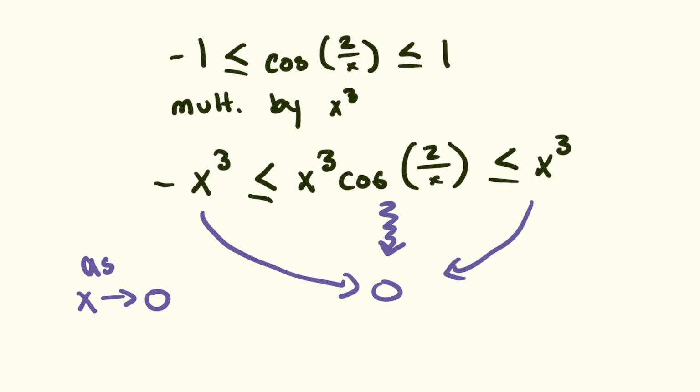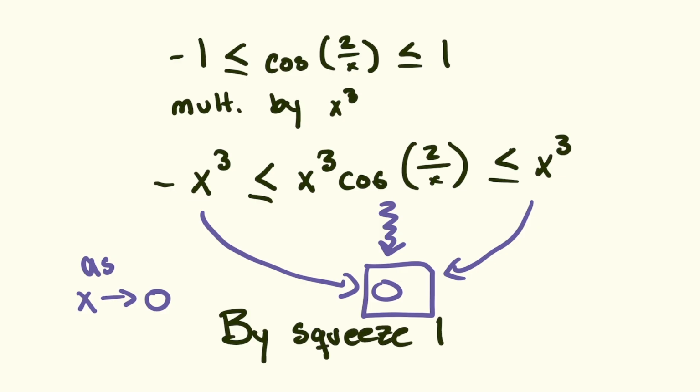So in this case, 0 is going to be our solution, and we can say by squeeze theorem, we always want to mention that we're using the squeeze theorem, the solution is going to be 0.